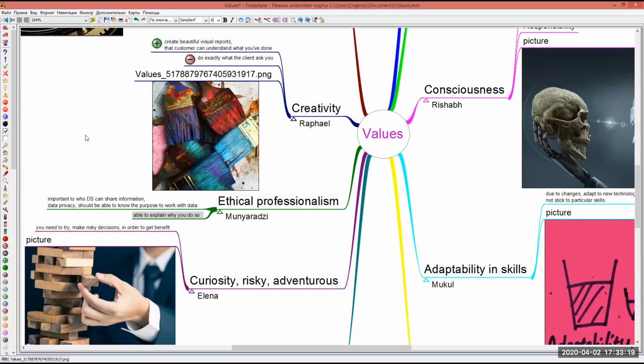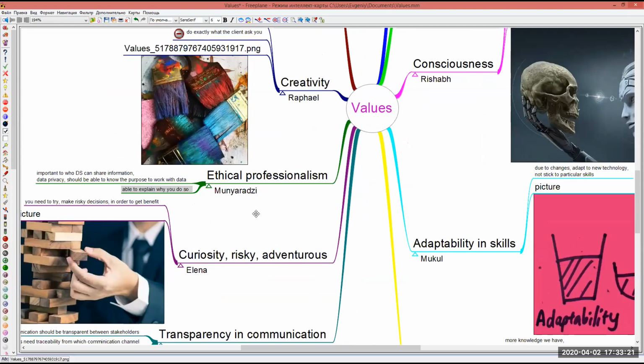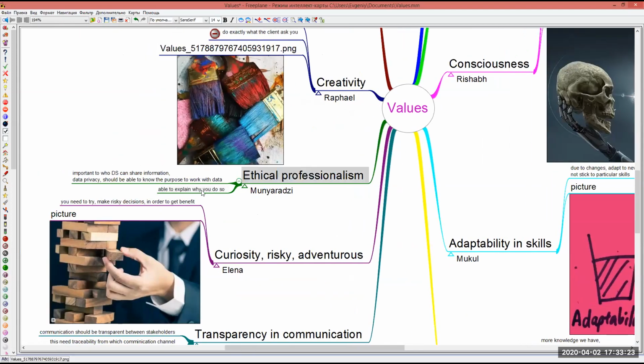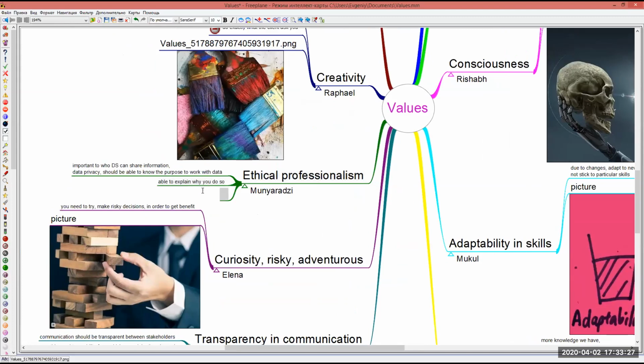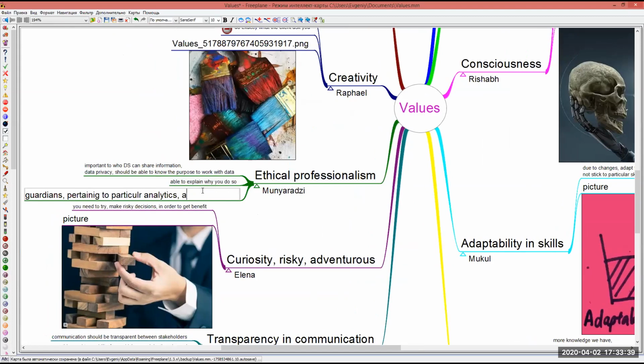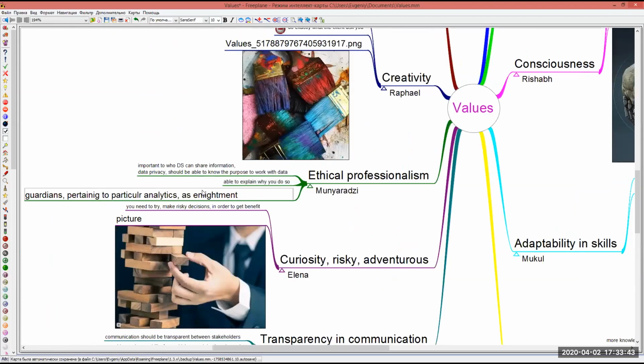Because as data scientists, we are more like guardians pertaining to particular analytics and some form of enlightenment in knowledge. So as a guardian, you should be able to understand the impact of the analytics that you are coming up with.